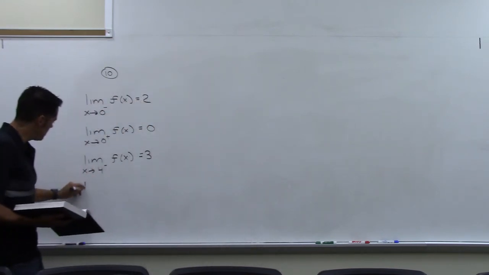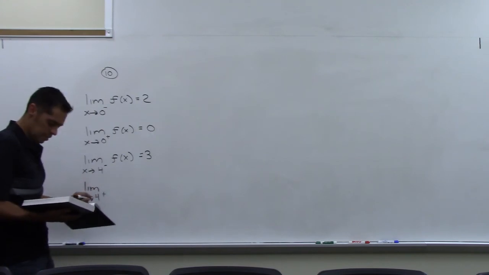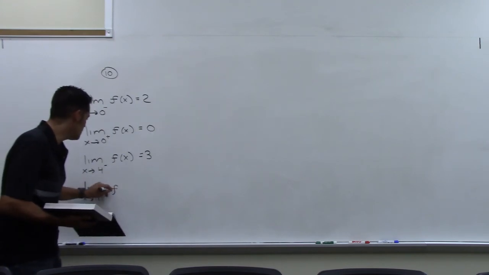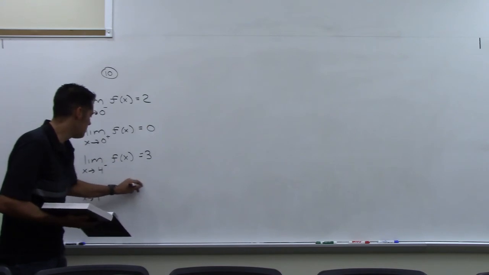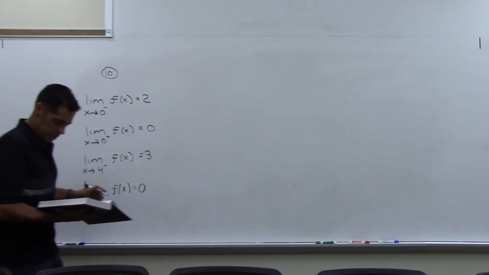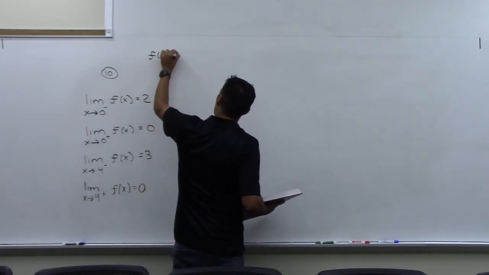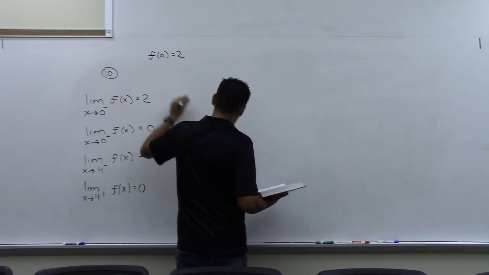We need the limit as x approaches 4 from the right of the function to be 0. And we need f of 0 to be 2. And we need f of 4 to be 1.